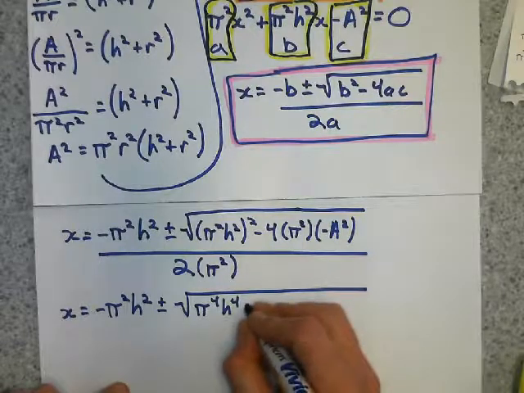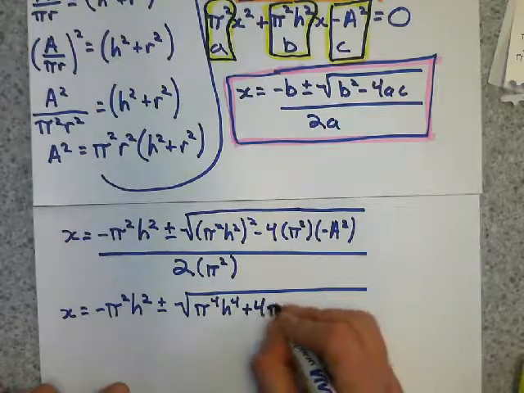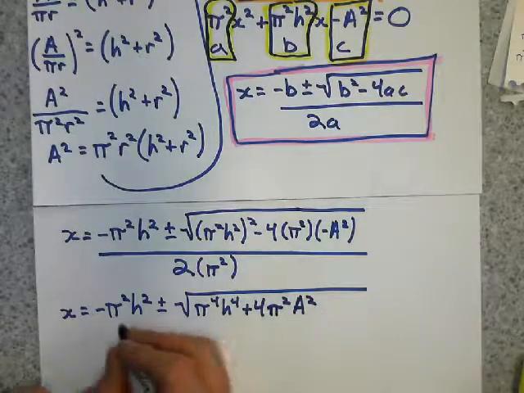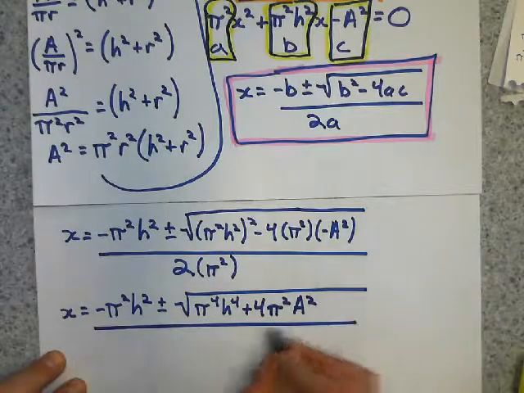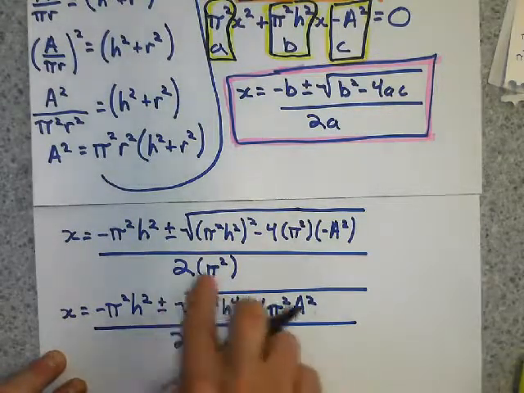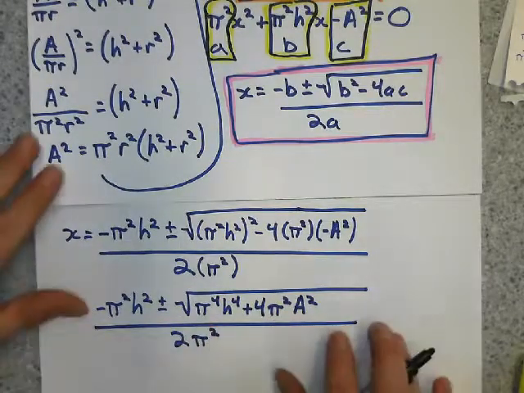Is that right? Yeah. Positive 4, I'll put the pi squared first, pi squared a squared, all over 2 pi squared.